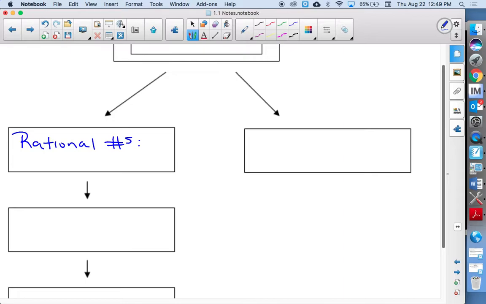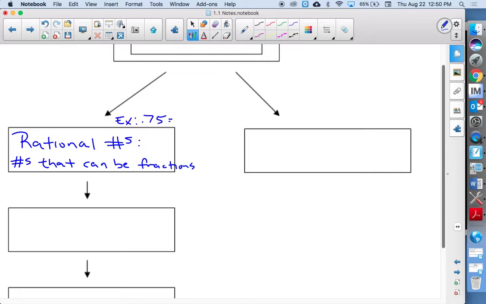And rational numbers are numbers that can be fractions. So a rational number would be 0.75.